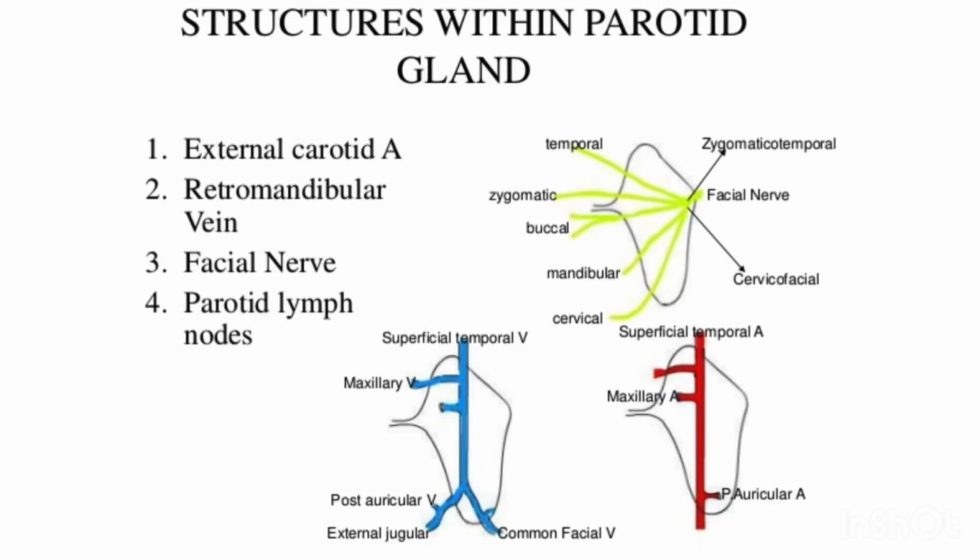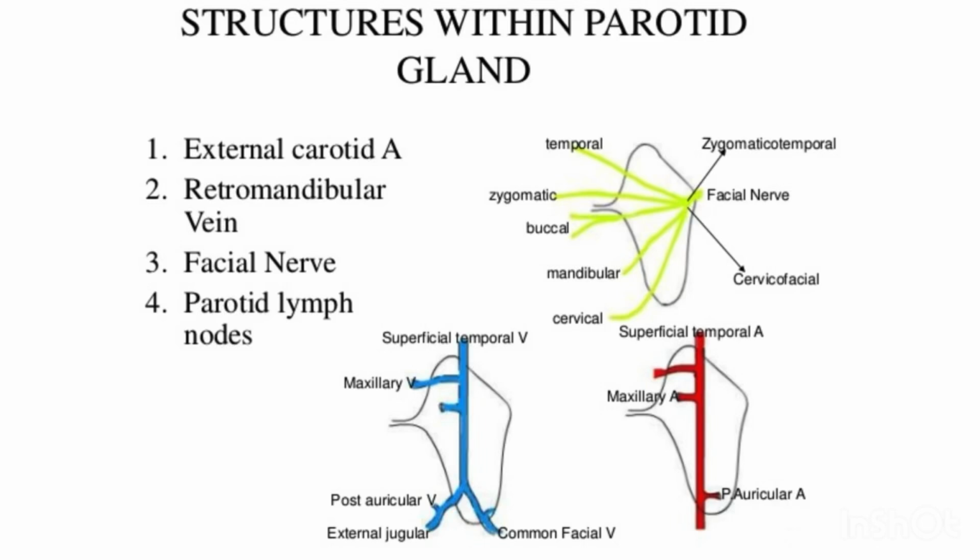Now this is super duper important. The retromandibular vein then further divides into anterior division and posterior division. The anterior division will join the facial vein and form the common facial vein, while the posterior division will join the posterior auricular vein to drain into the external jugular vein.